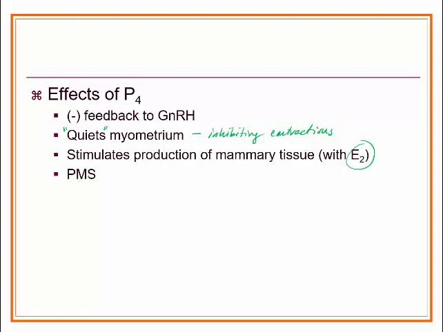Now, PMS, or premenstrual syndrome, is thought to be a result of erratic progesterone levels, and erratic progesterone levels can result in early or late contractions or the onset of menses, and also is thought to cause other symptoms such as bloating and so forth, leading up to the menstruation.